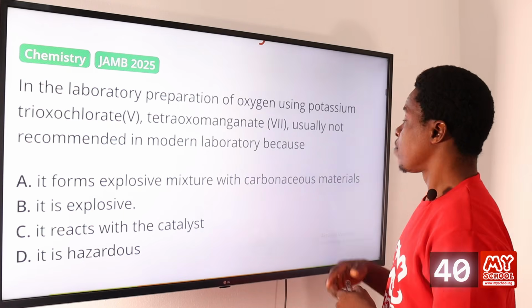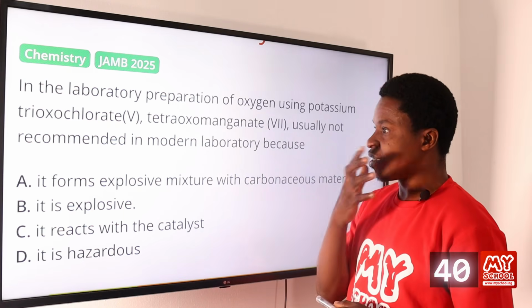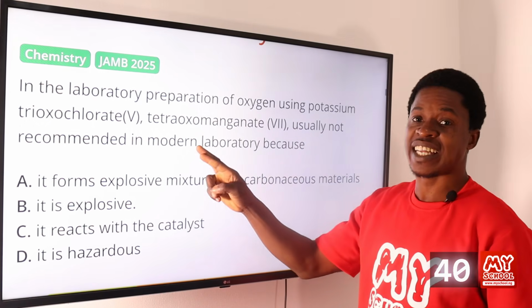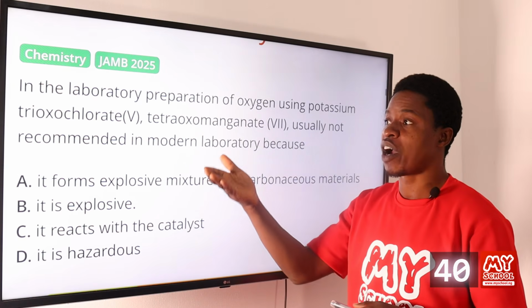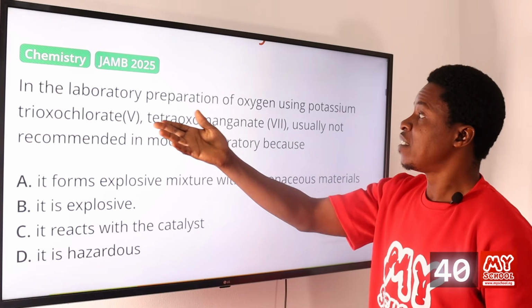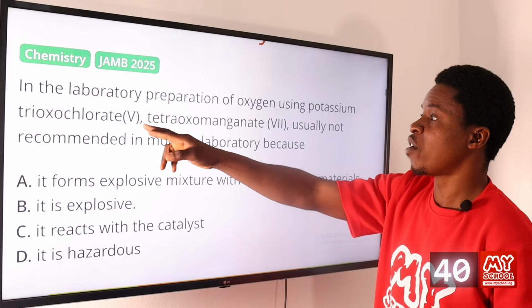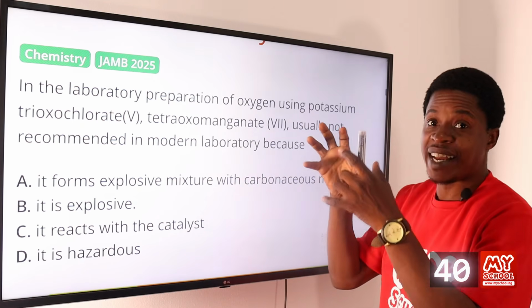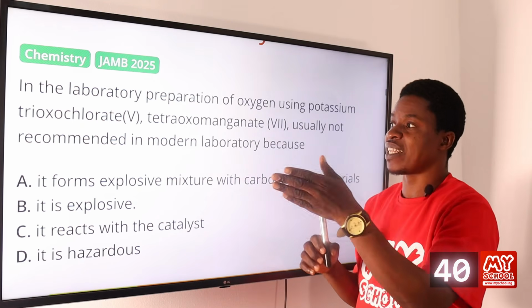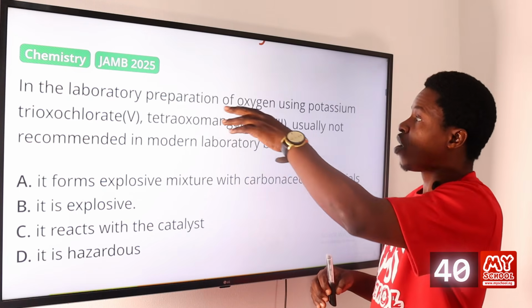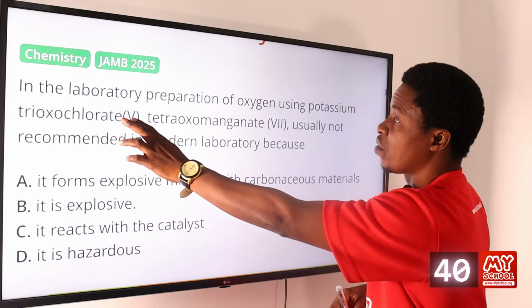The question is asking why it is not recommended to make use of potassium trioxochlorate(V) when reacting together with the tetraoxomanganate.